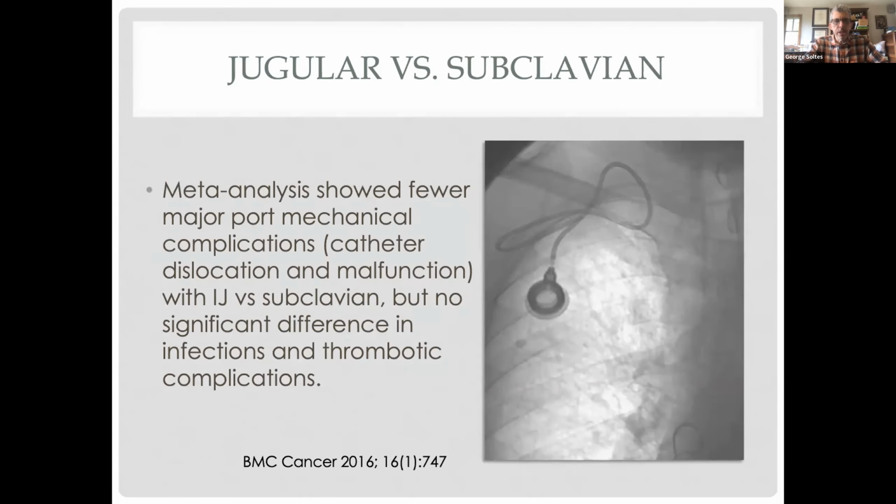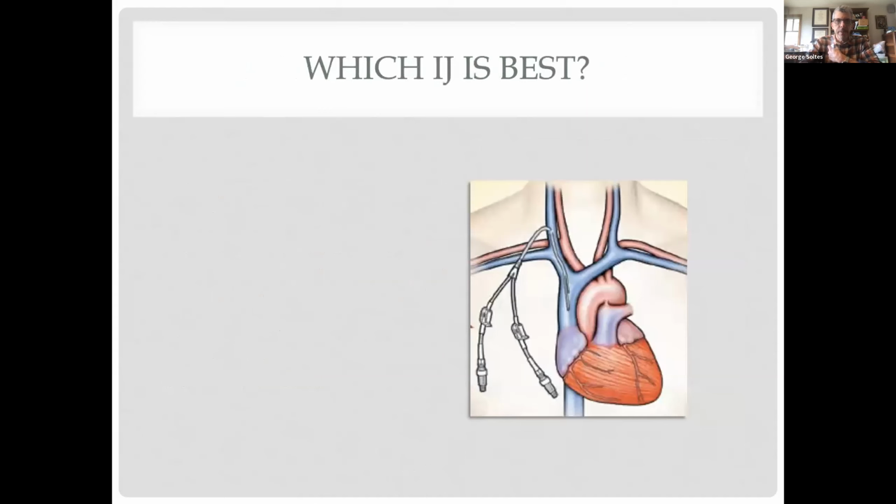There has been a more recent study that showed that while there were fewer mechanical complications, catheter dislocations, and malfunctions with the IJ, this particular study didn't find a significant difference in infections and thrombotic complications. You know, lots of other studies and most IR people's personal experience would say otherwise.